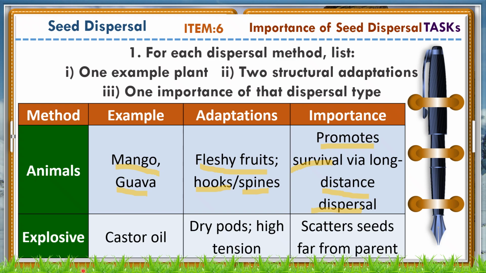Then we have the explosive. Explosive, we have the castor oil. Adaptation, they are dry pods with high tension. Importance, this scatters seeds far from the parent.